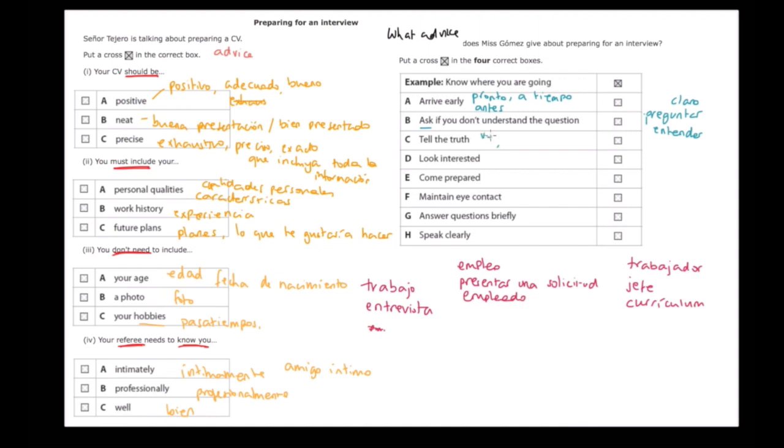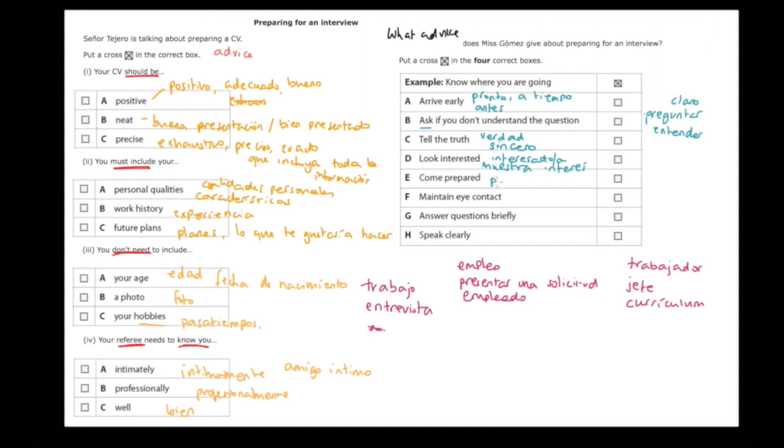Tell the truth, so the truth is verdad, but you may also hear things like sincero, sincere, meaning the same. Look interested, so interesado or interesada. But also things like muestra interés, show interest.